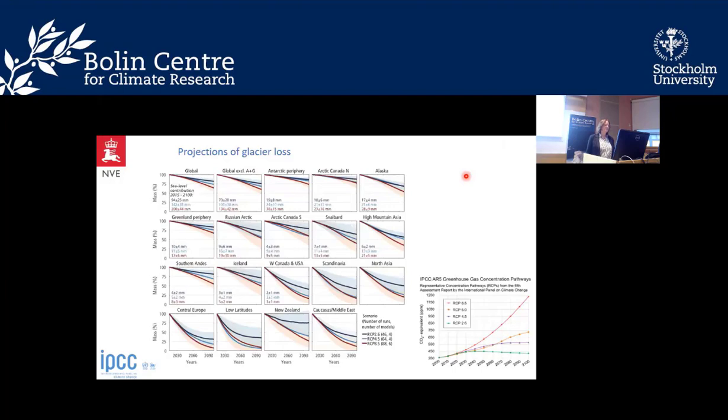For many regions of the world, especially under the high emission scenario, by the end of the century there's going to be very little glacier mass left, or possibly none. Especially Central Europe, low latitudes, so Africa, Indonesia, New Zealand, the Caucasus. These areas will really see the effects, and many other areas as well.